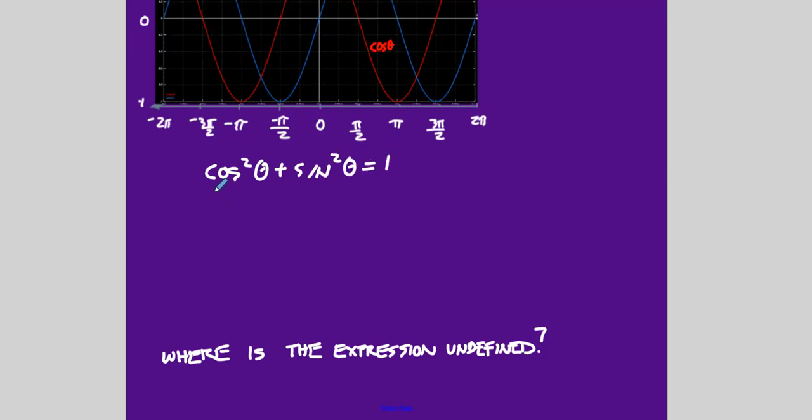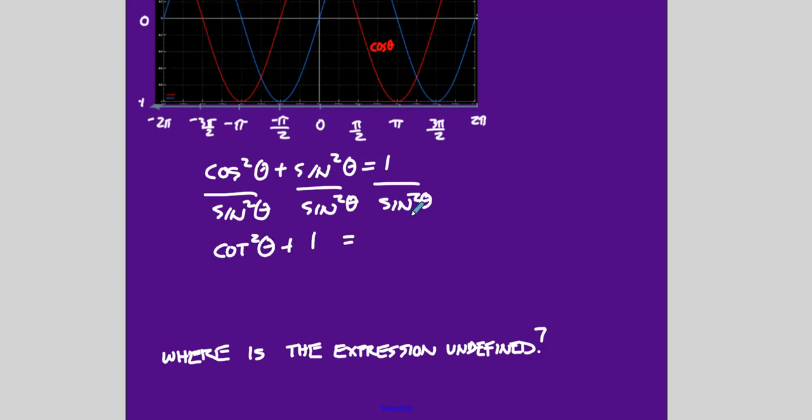But this time I'm going to divide by sine squared theta instead of cosine squared theta. So that is now, remember, tangent is sine over cosine, so cosine over sine is the reciprocal of tangent, which is cotangent. This is 1, and the reciprocal of sine is cosecant. So we have this. There's our identity.